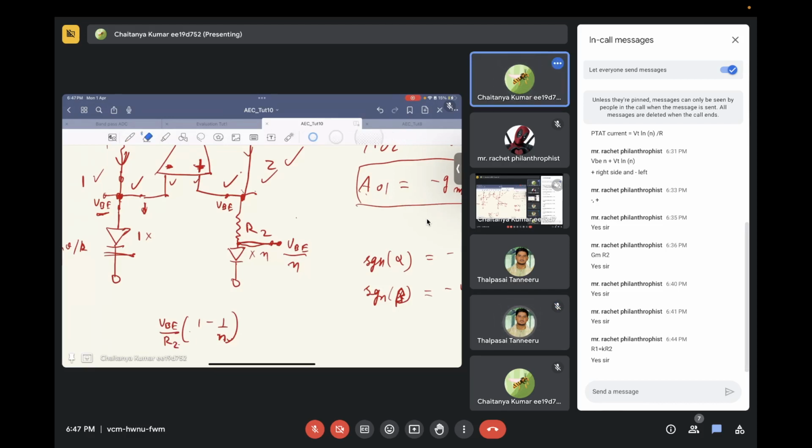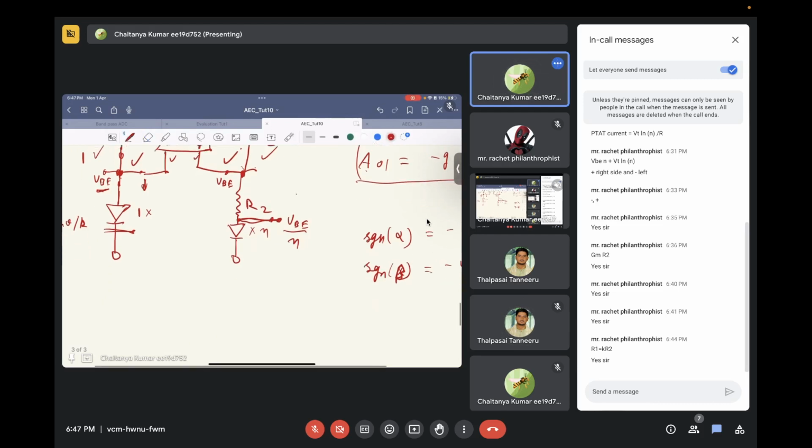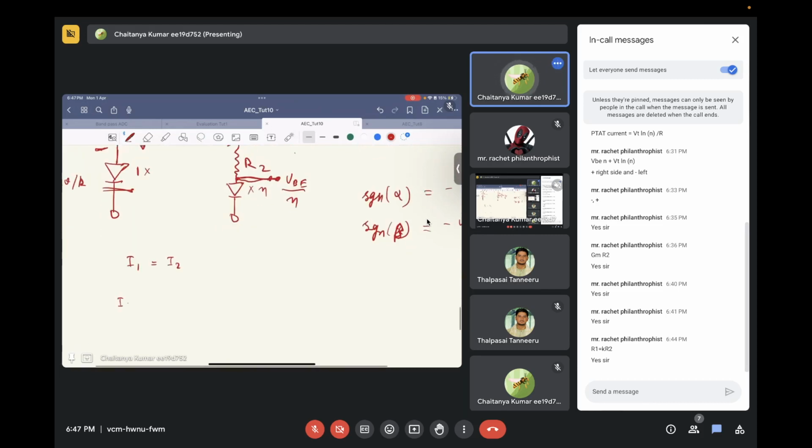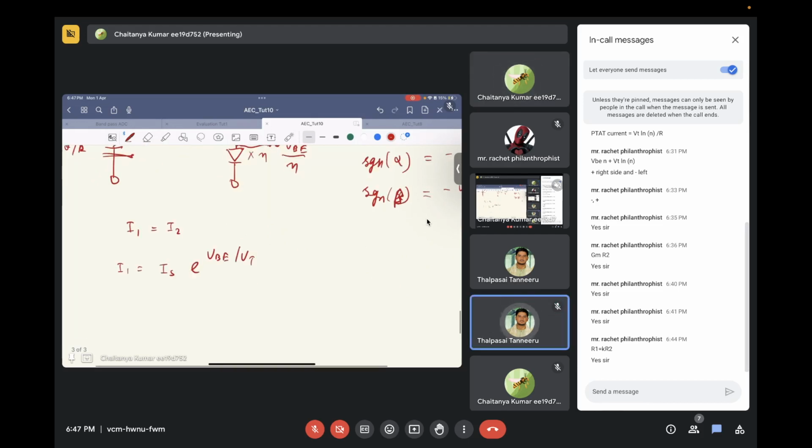Sorry, it won't be VBE by N. What will it be? Basically both the currents are the same, I1 and I2 are the same. So what is I1? It's basically Is times e to the power VBE by VT, and I2 is basically N times Is times e to the power VBE2 by VT.